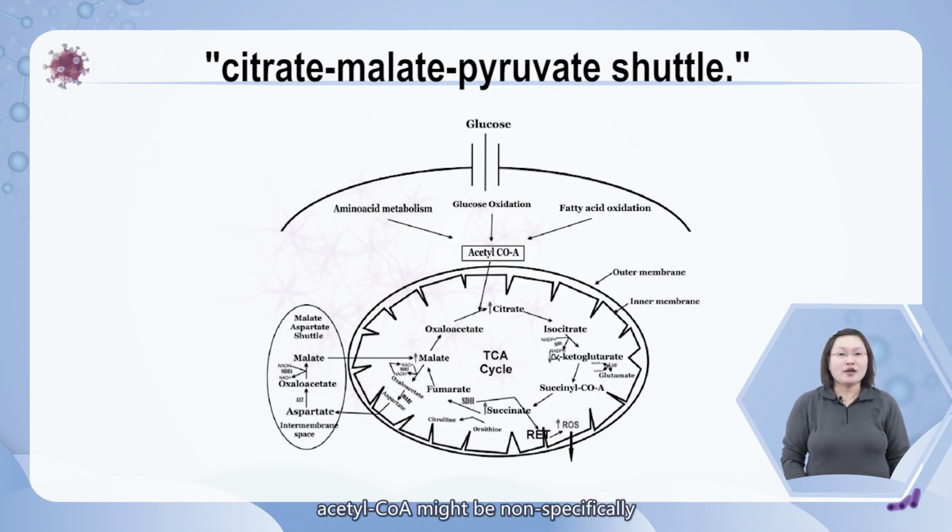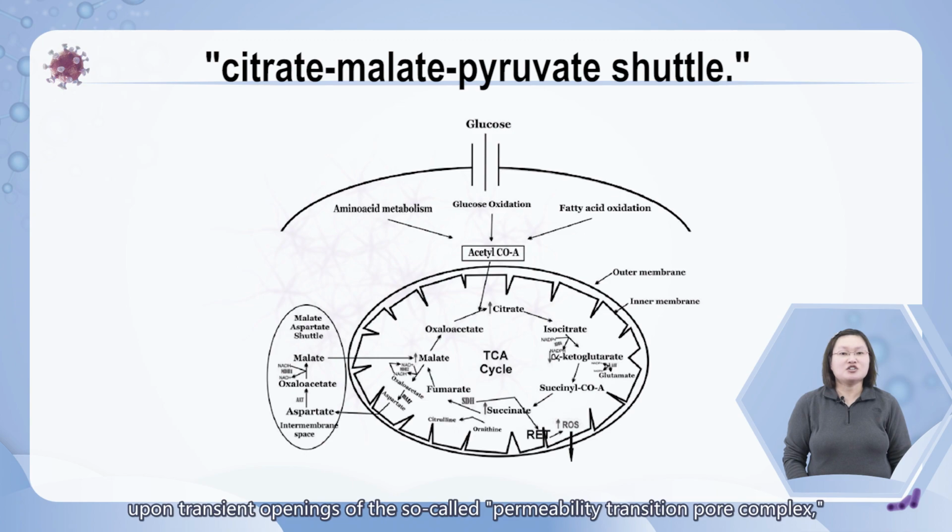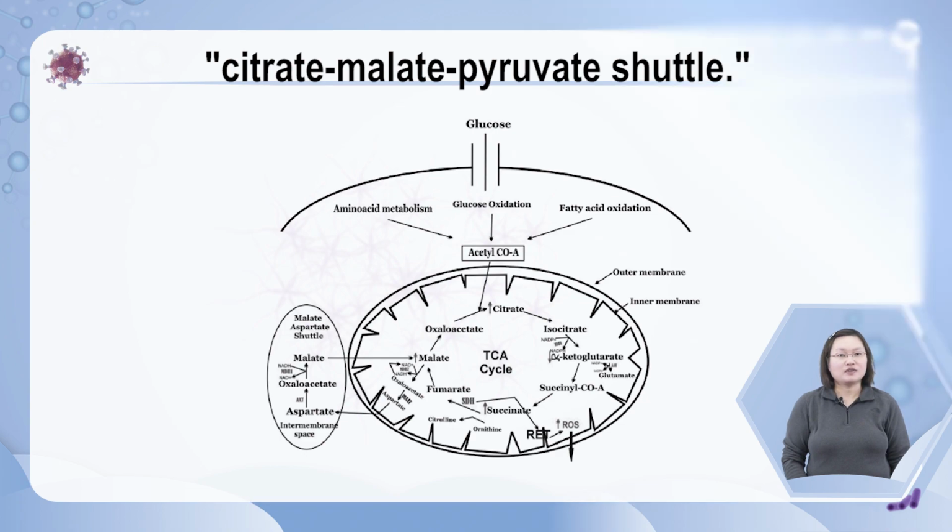Finally, acetyl CoA might be non-specifically released from the mitochondrial matrix upon transient openings of the so-called permeability transition pore complex, a multi-component channel built across the inner and outer mitochondrial membranes, permitting the passage of solutes below 1.5 kD and involved in the regulation of cell death.